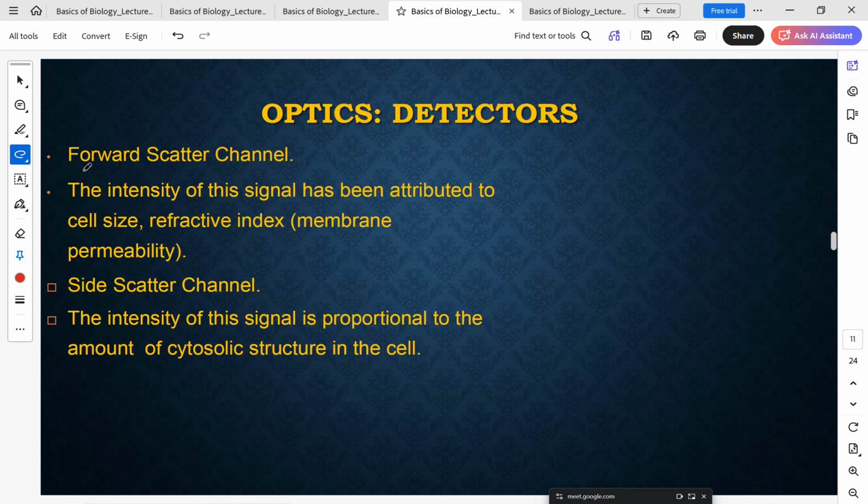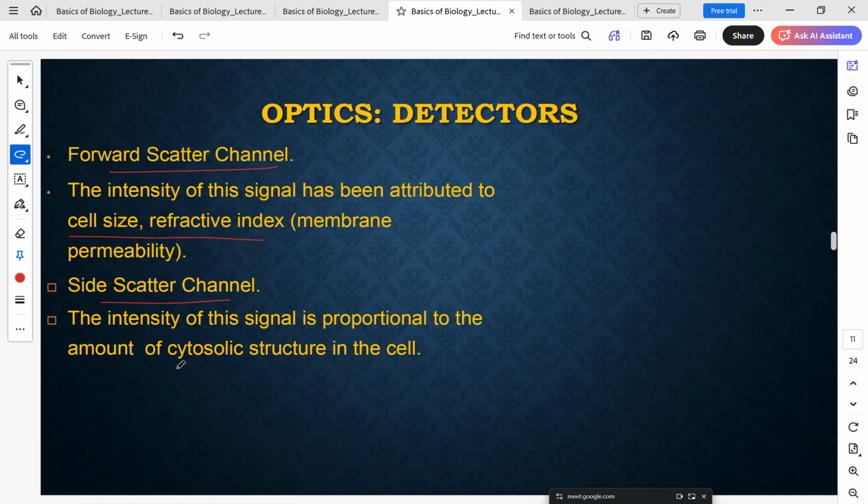As I said, there are different detectors: a forward scatter channel and a side scatter channel. Together they can give you an idea of how the cell looks. If the forward scatter channel is high, that implies the cell size, the refractive index, is more. If the side scatter is high, then the amount of granularity in the cell is more.